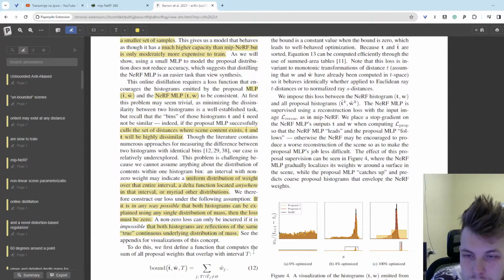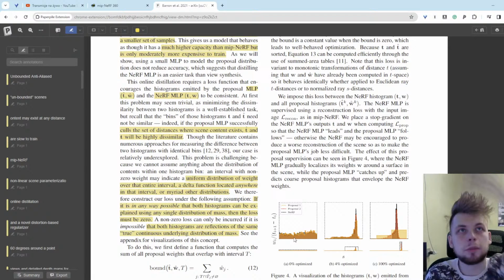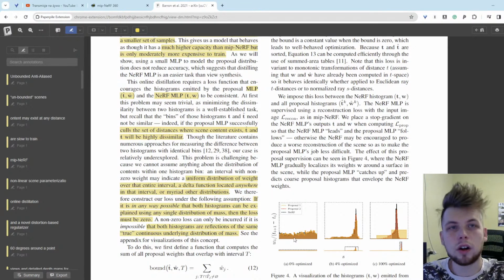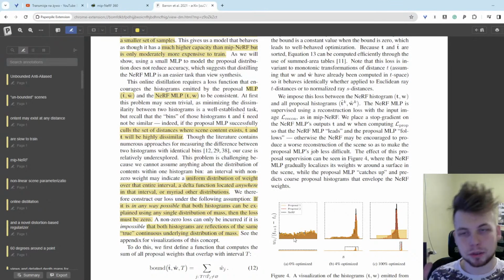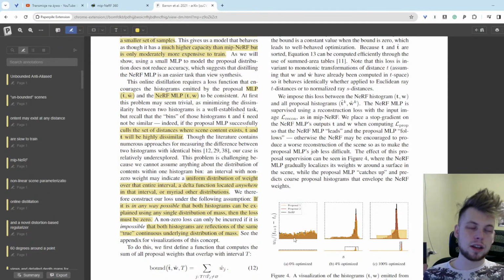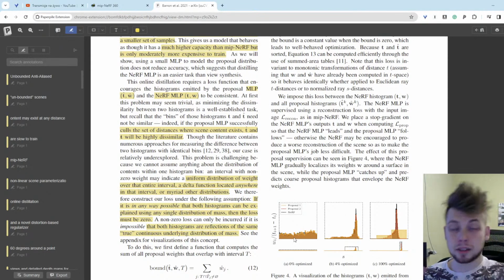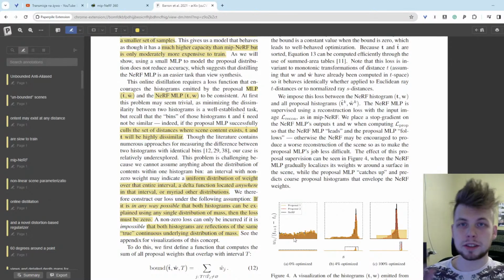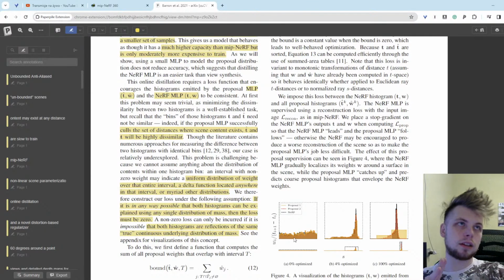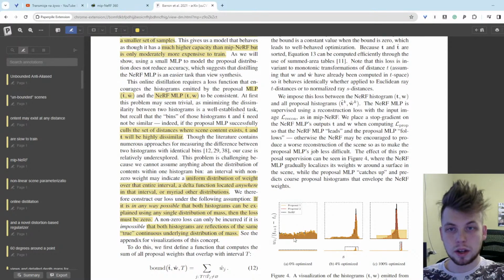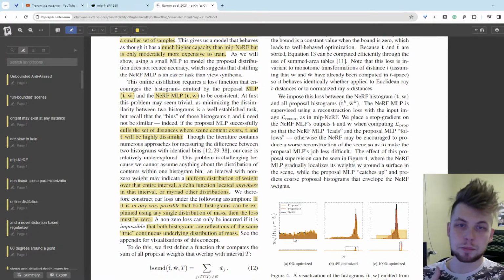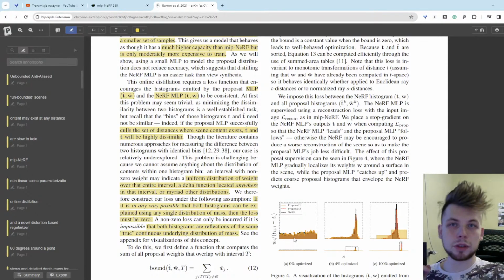So if, let's say, the NeRF MLP has a lot of weights, and if you sum them together, their bounds together are outside of the one bin for the uniform distribution, but this one bin of the uniform distribution has a smaller size than the sum of all of these things inside of the same interval, then that's the problem, right? Because there is no way for this to be correct.